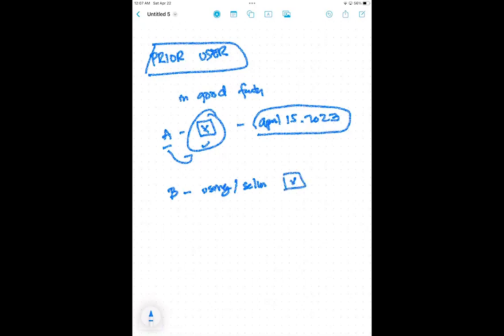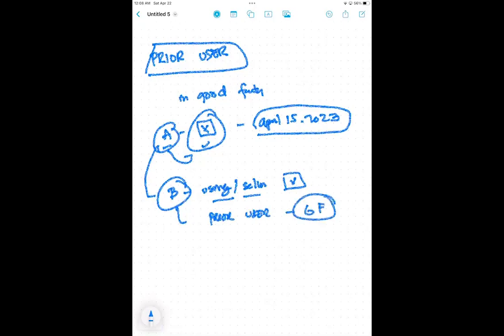Okay? Now, A filed a case against B to cease and desist from making or using or selling the X. Huh? If you are the counsel of B, what is your defense? The defense is B is a prior user and he is in good faith.